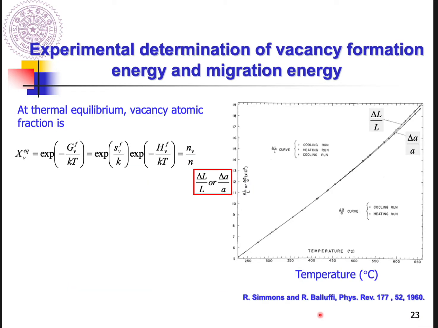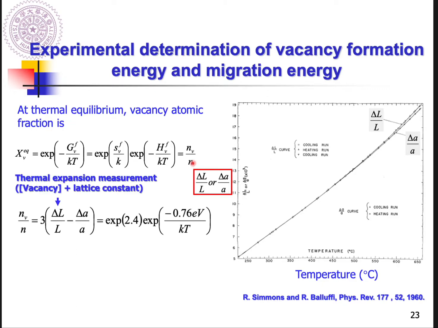The next slide is going to show you how to determine the vacancy formation energy and migration energy of your materials. We assume it is under thermal equilibrium conditions. Then the vacancy atomic fraction can be expressed like this, right? It's the number of vacancies over the total number of atoms. As long as you heat your materials up, you can observe thermal expansion, so you can get delta L over L. The thermal expansion includes two terms.